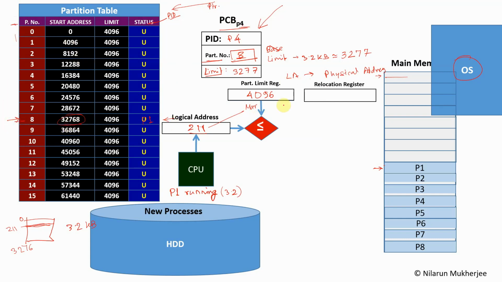I go here and search by this partition number. So I found 32768. Now I have to check whether 211 is less than 4096. Yes, it is less than. Then what do I have to do?